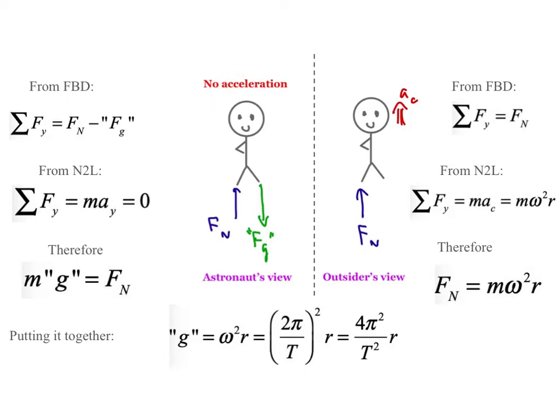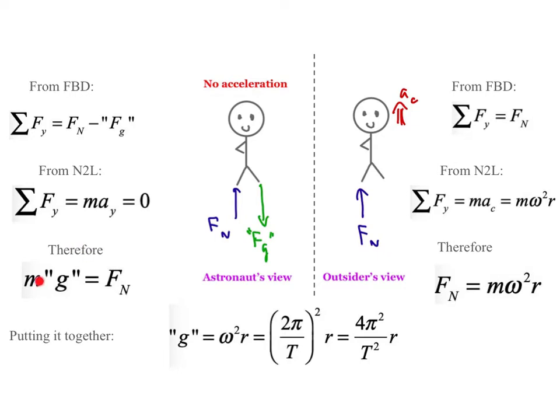From the point of view of the astronaut, she suffers no acceleration. She feels a force against her feet. There must be some force pushing her down into the ground, right? And so the net force in the y direction is this normal force from the wall pushing on her minus the weight of the ball pulling down. From the second law, of course, the net force is ma, but she thinks that she's not accelerating, so it's 0.